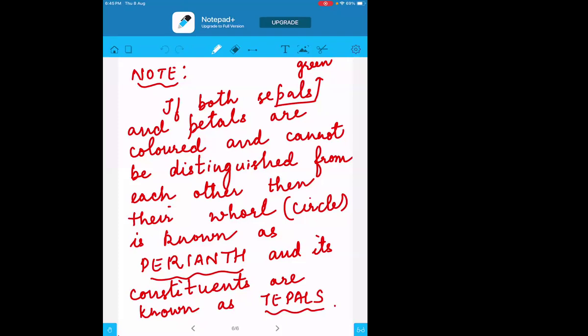Ma'am, are there any flowers with perianth? Hibiscus also, and sometimes you might have seen purple flowers also, where you cannot identify them. I'll show you here also.